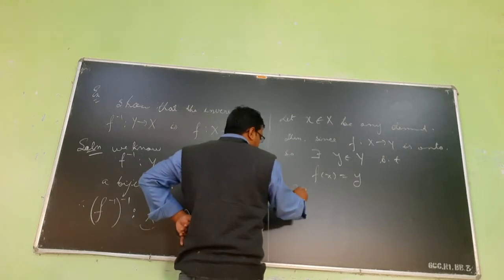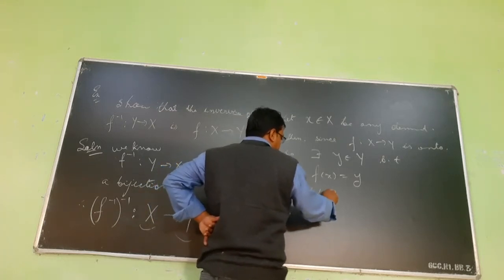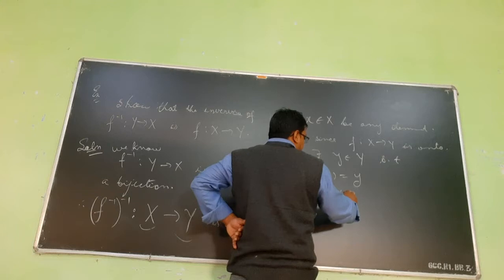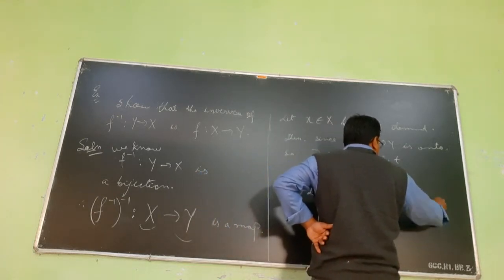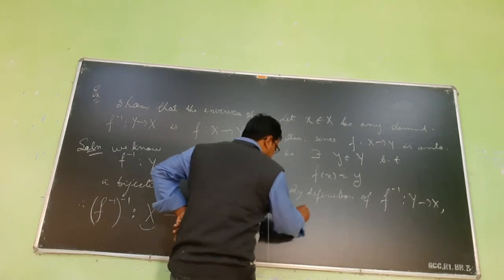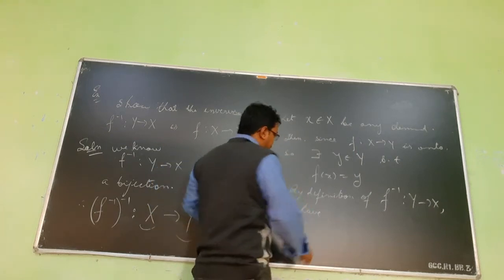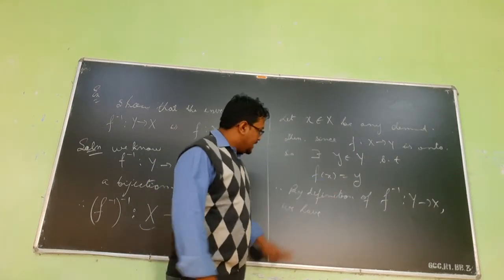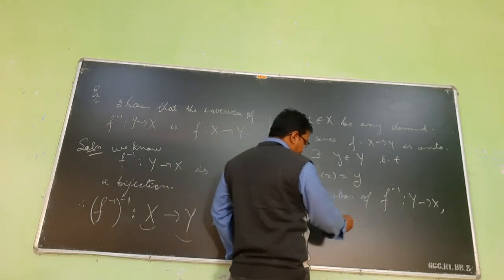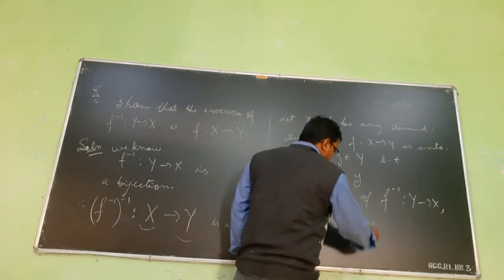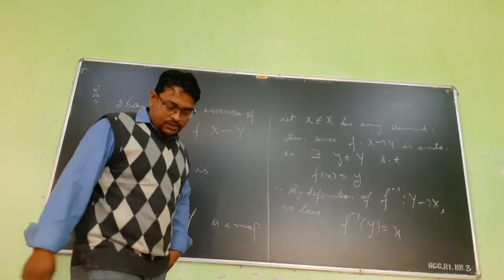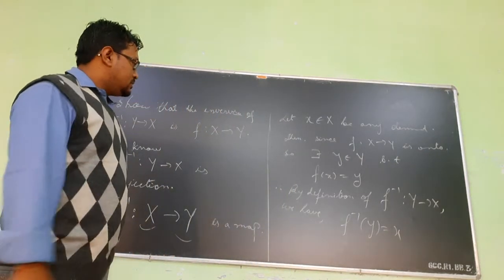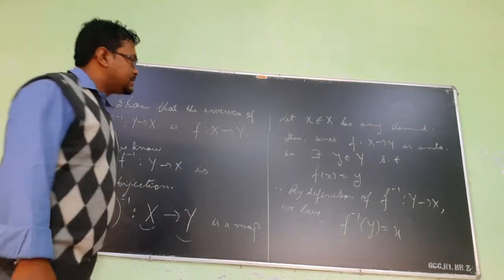Therefore, by definition of inverse, by definition of f inverse from Y to X, we have f(x) equal to y. So by definition of f inverse, what do I have? We have f inverse of y is x.